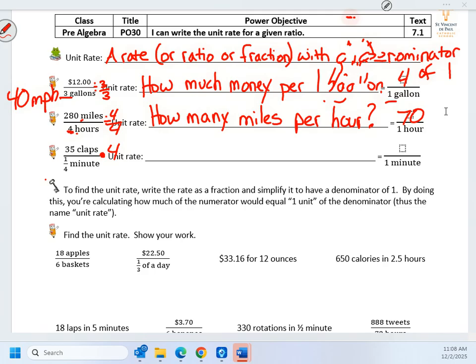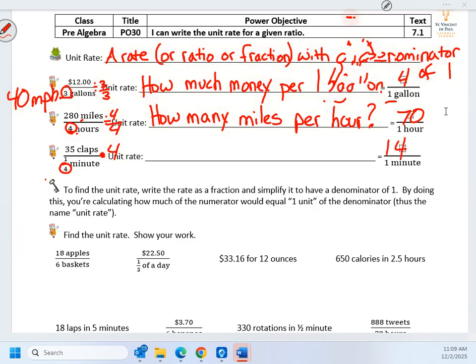So when you see a whole number, you divide down to 1. When you see a fraction, you're gonna multiply up by the denominator of the fraction. That's what gets us up to 1 whole. So whatever I do to the bottom, I do to the top. How many claps can I do in 1 whole minute? Finley?